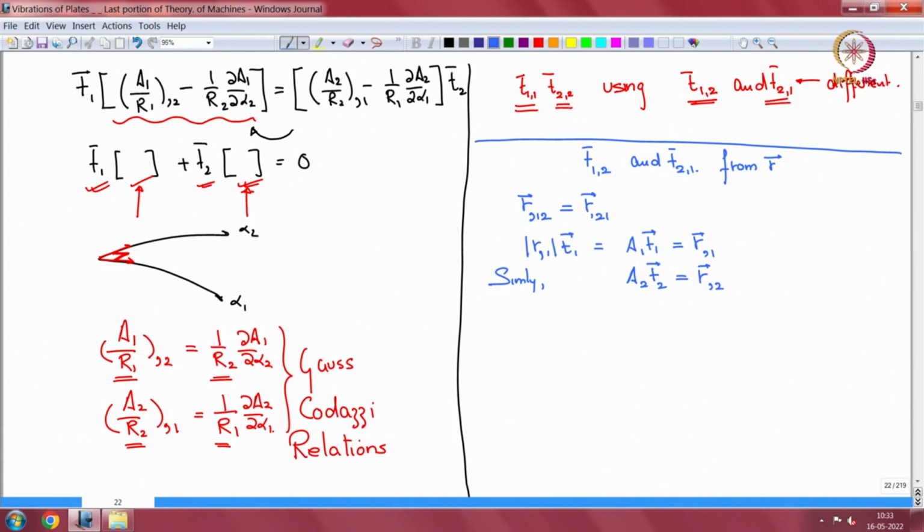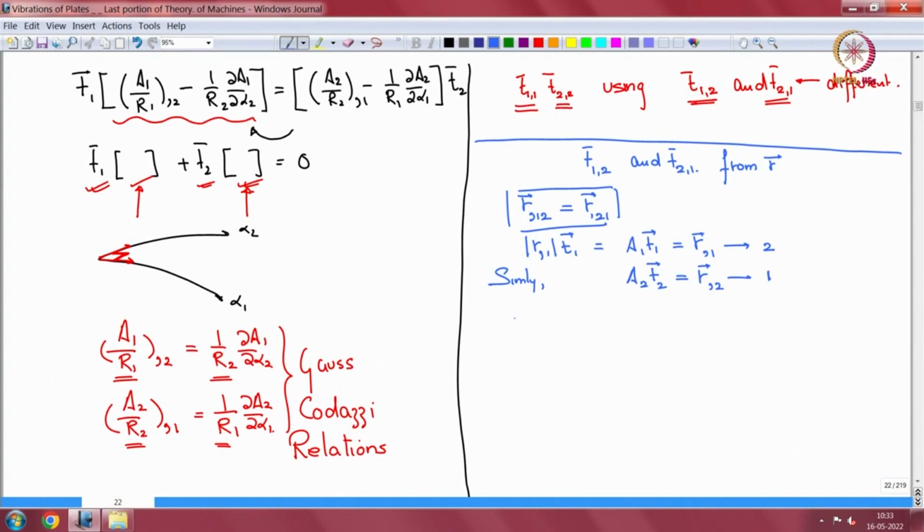Now, if we use this, then this differentiated with 2 is equal to this differentiated with 1.